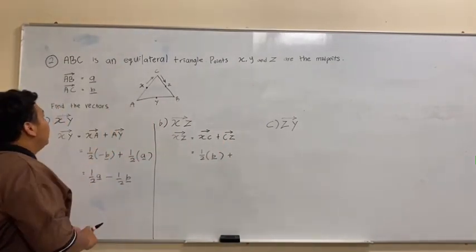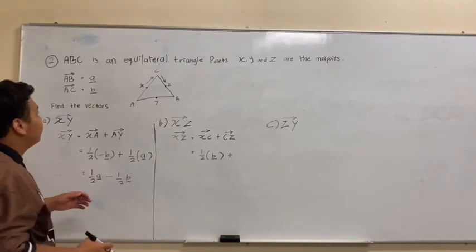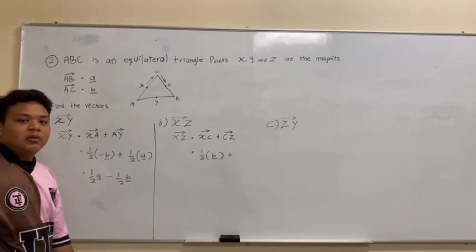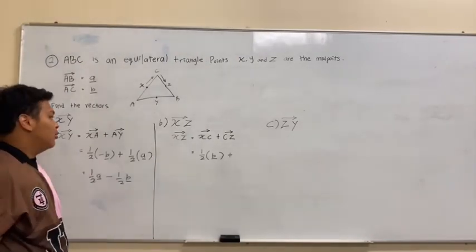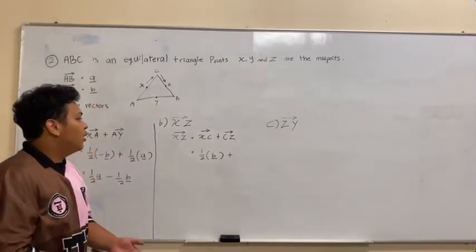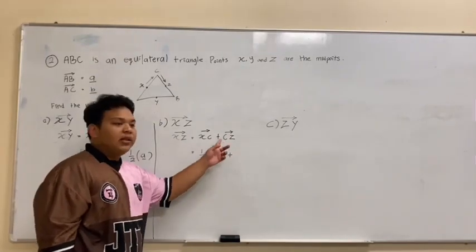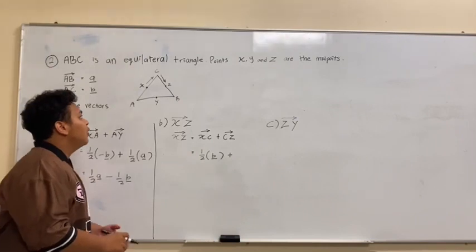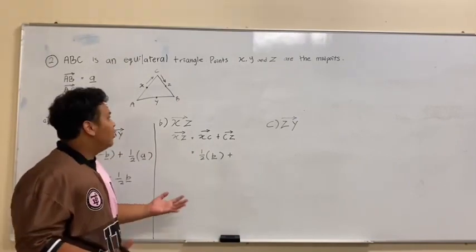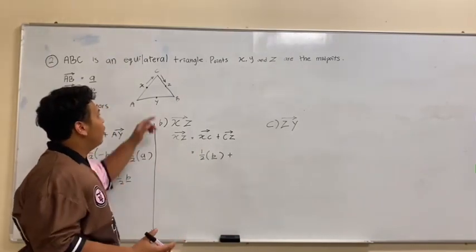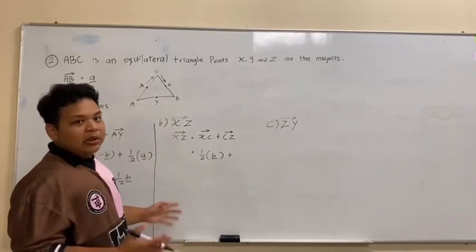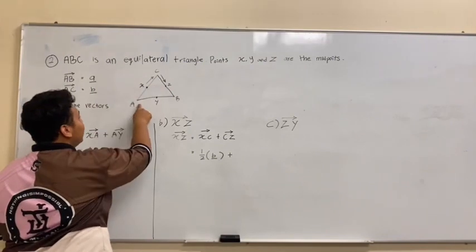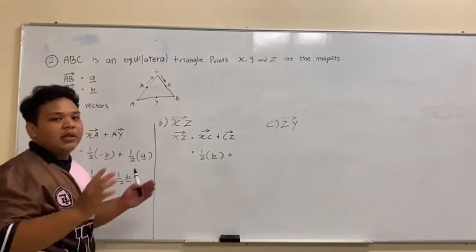We have been given that... now we have to find the magnitude of vector CZ. We are not given the magnitude for point C to B, so we have to take a long way from C to A to B to get vector CB.